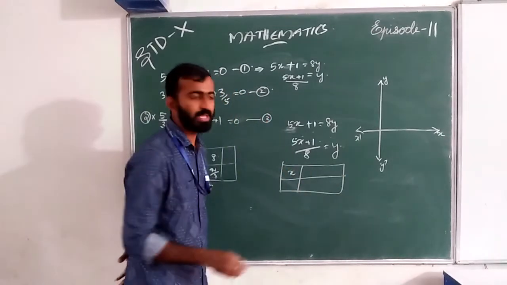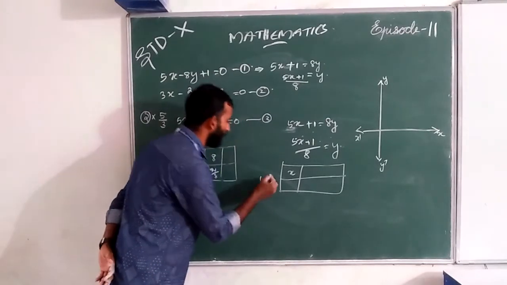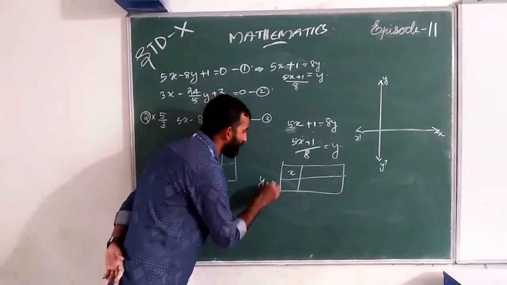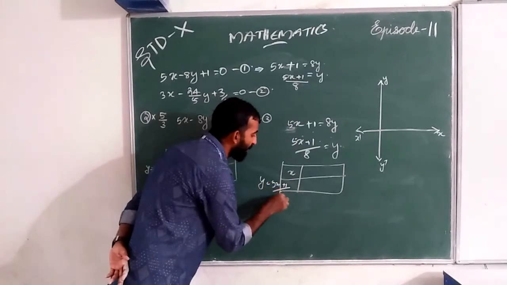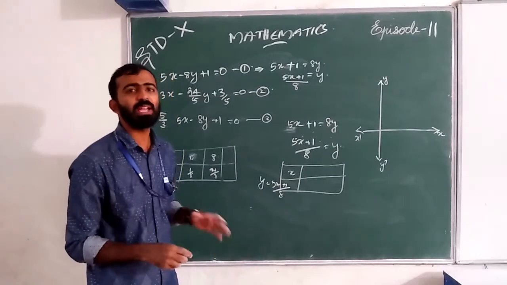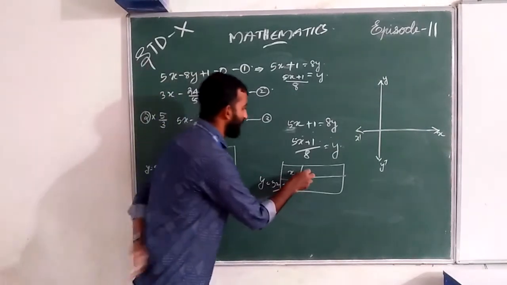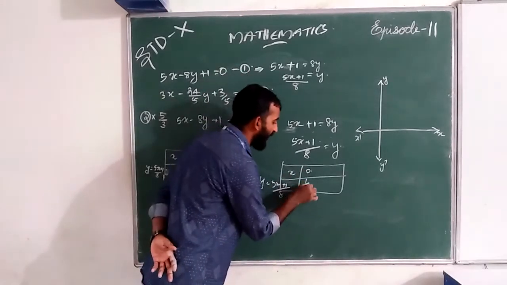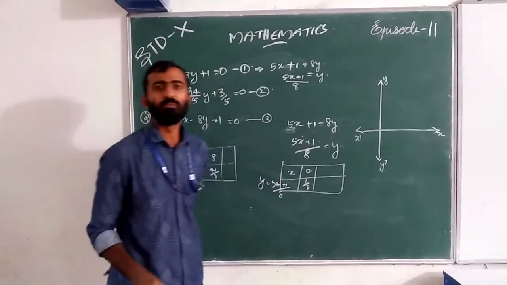Here y is equal to 5x plus 1, whole divided by 8. So here also, when I take 0, I get y as 1 by 8.